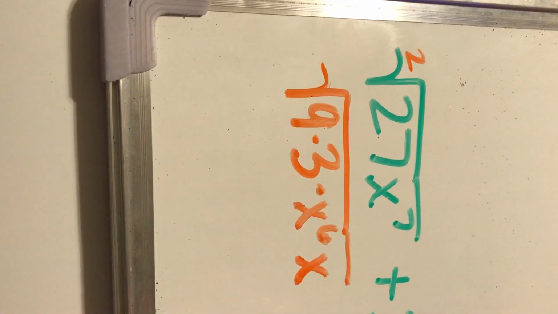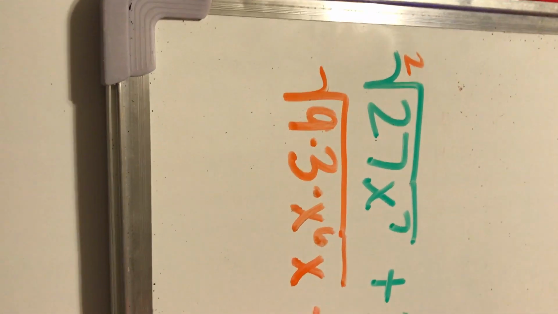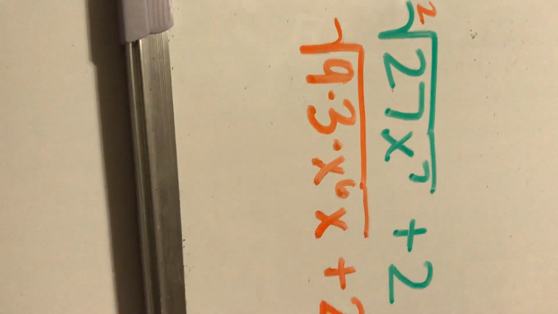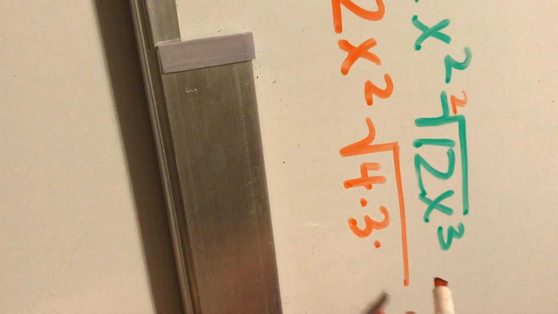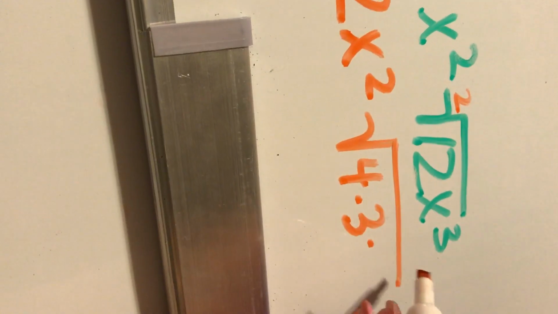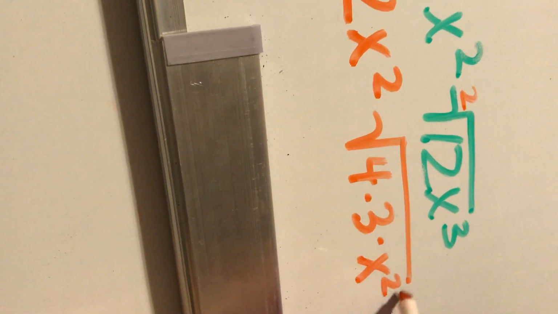And then I have one more x. Plus 2x squared. Now we're looking at the 12. It has a perfect square factor of 4. It's 3. Remember we said x to the 3rd is not a perfect square, but x squared is. And then we have 1x left.